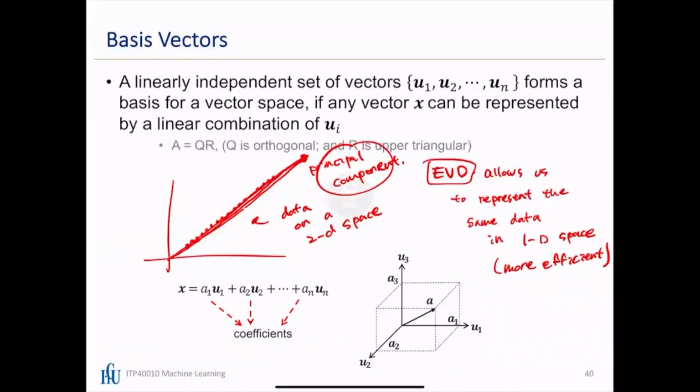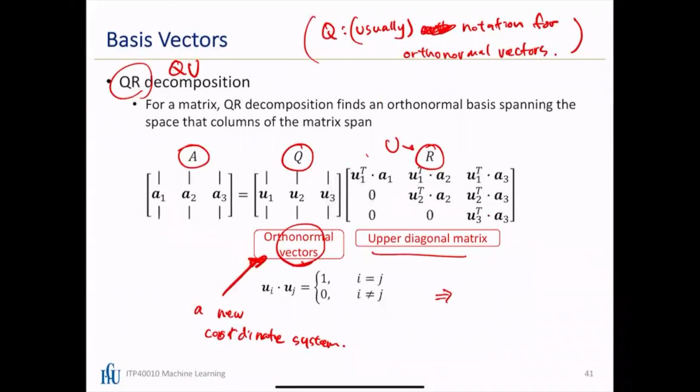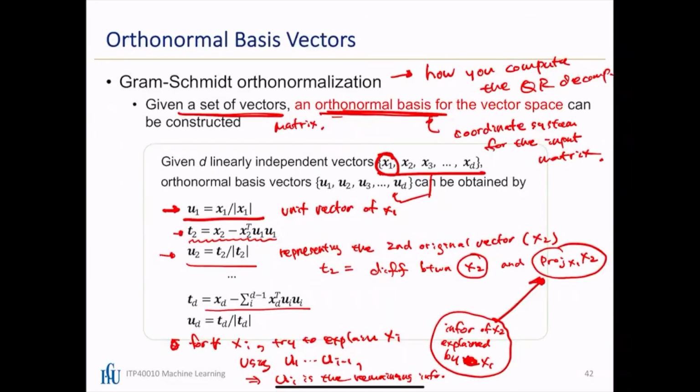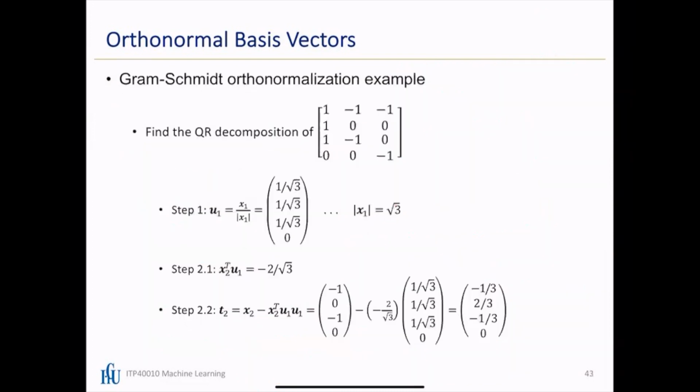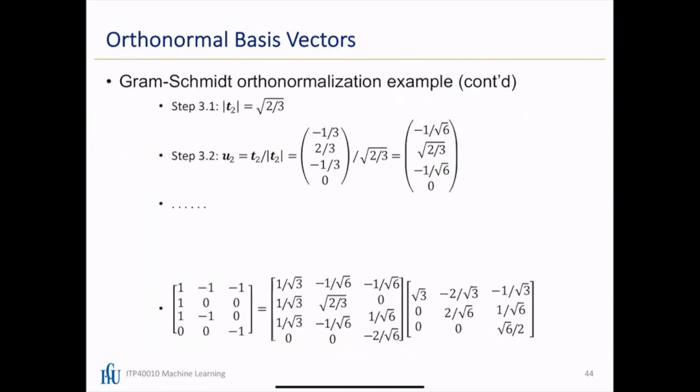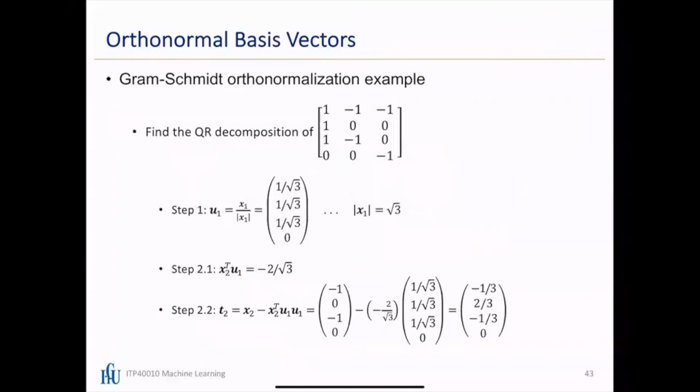QR decomposition is a way to come up with such orthonormal vectors, a new coordinate system for a given vector space. The given matrix A is decomposed into Q, and the coordinates on the vector space, that is R. And Gram-Schmidt orthonormalization is the way to compute QR decomposition. Detailed computation with an example follows.